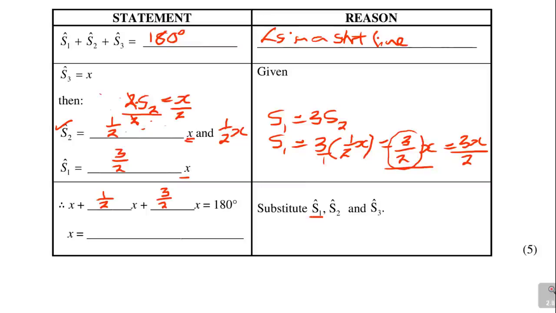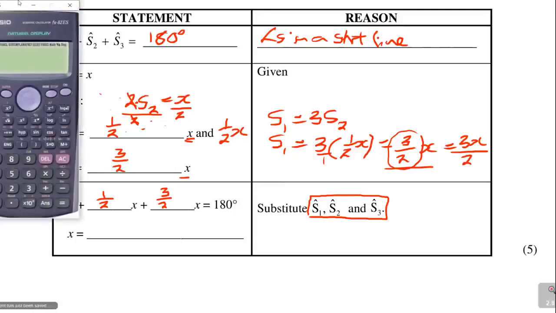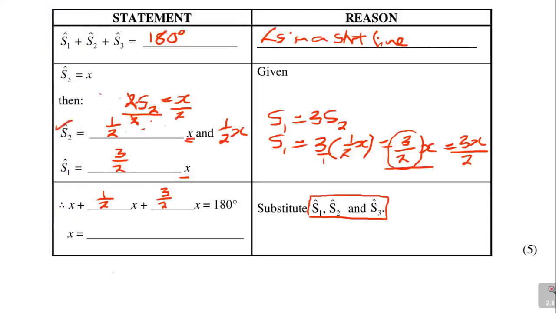Now they're saying substitute S1, S2, S3, and then what is X? So you have got X plus 1 over 2X plus 3 over 2X. This is equal to 180. Are you with me? That's what we are saying.